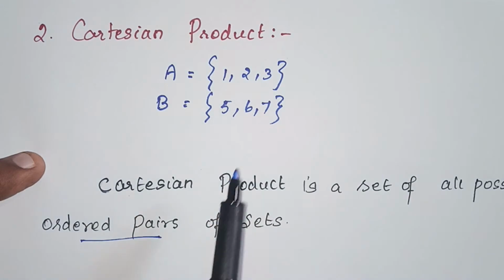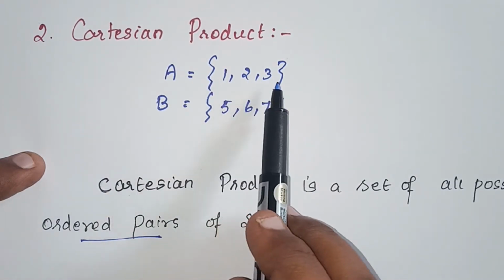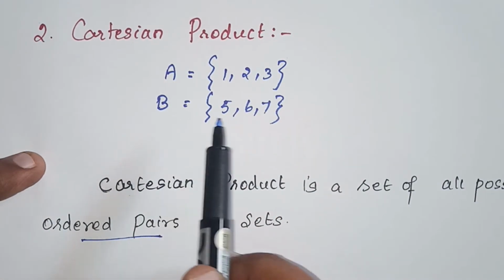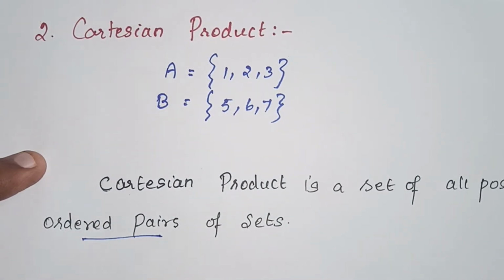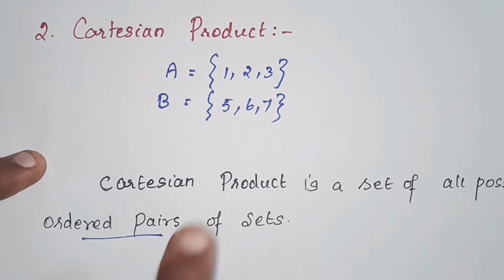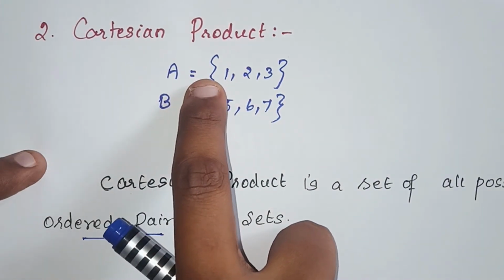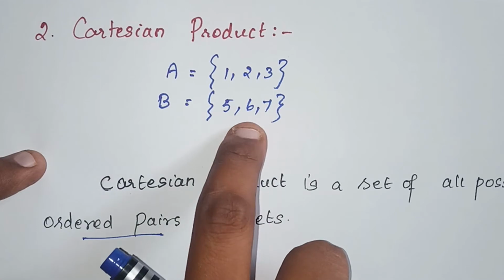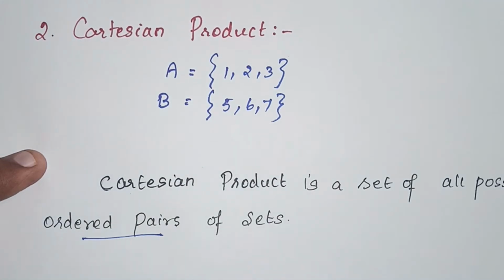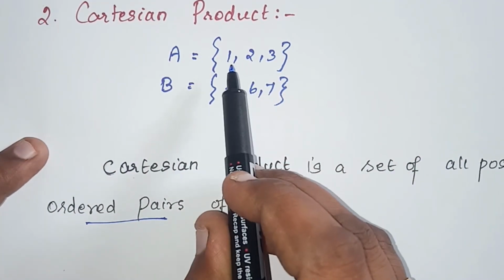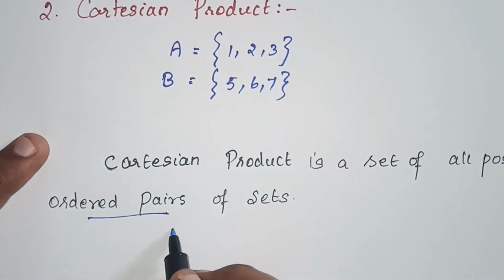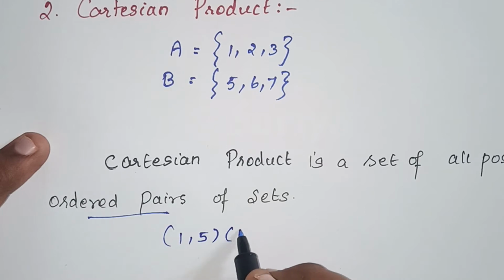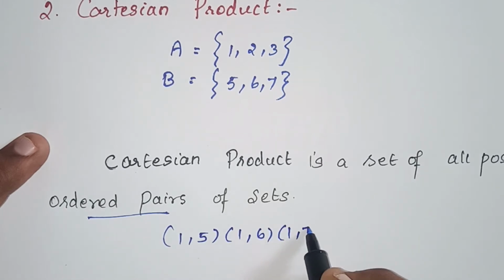In the first set we have three elements 1, 2 and 3, and in the second set three elements 5, 6 and 7. So how do we get these ordered pairs? You take the first element from the first set and pair it with all elements of the second set. The first element is 1, so pair it with all elements in B: (1, 5), (1, 6) and (1, 7).